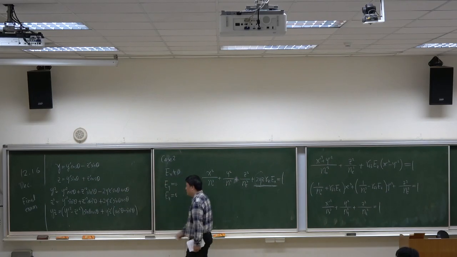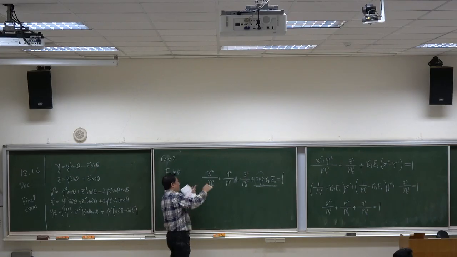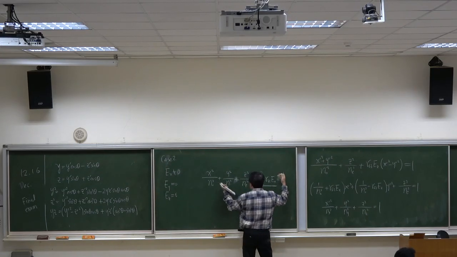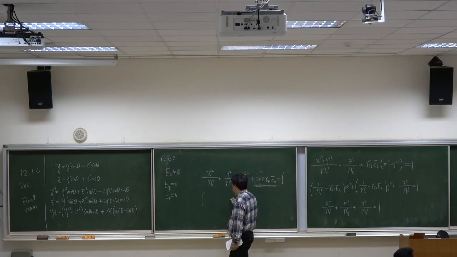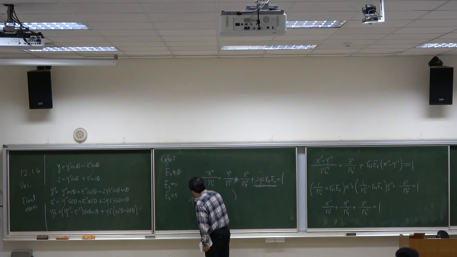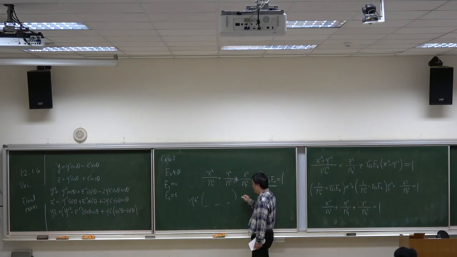Okay. You can substitute this expression into this formula. Then you encounter a new mixing term like this. Some coefficient has this plus some square term.